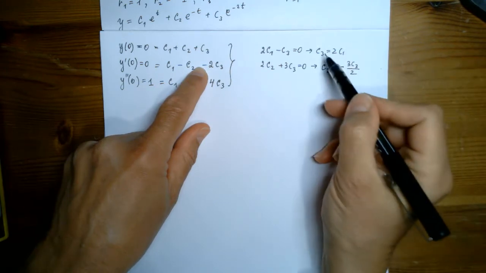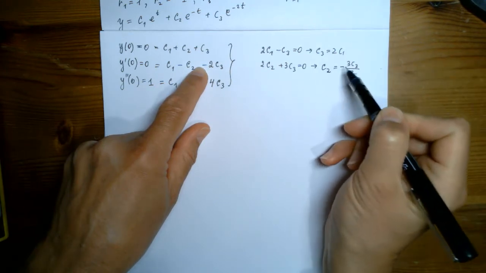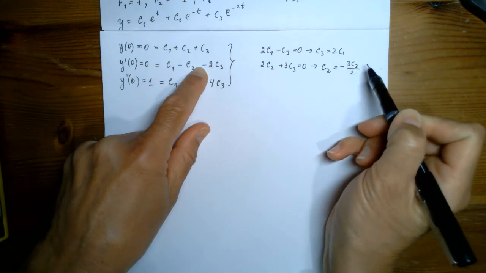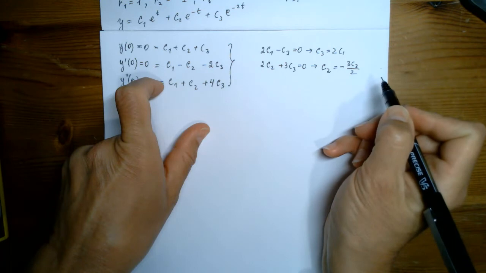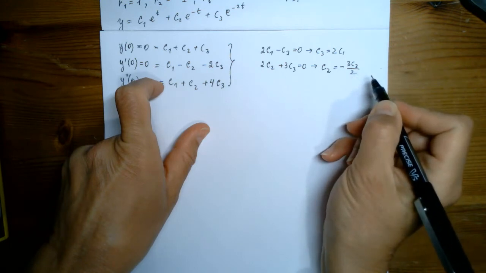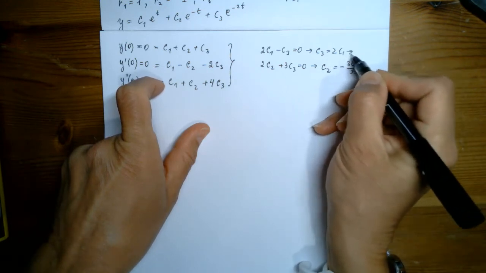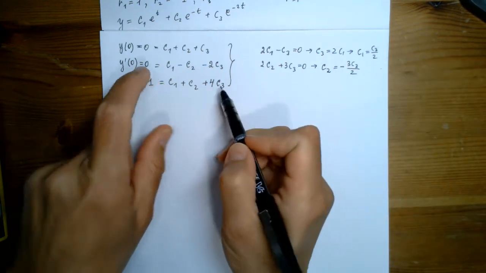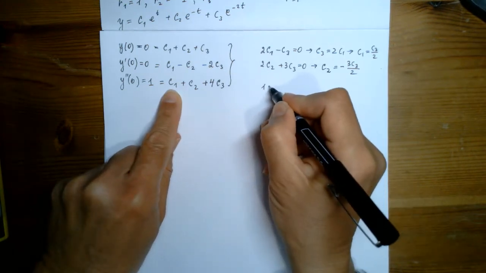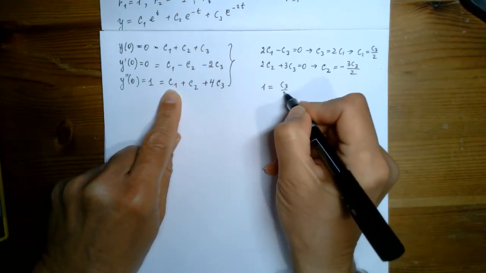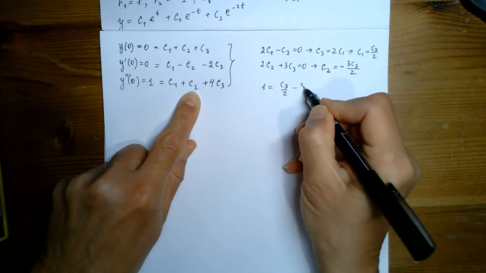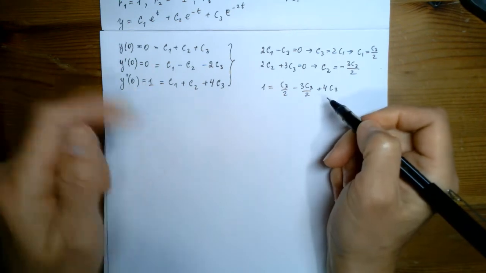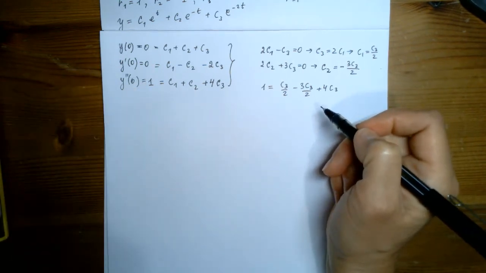So now I can plug in C2 and C3. Well, I should solve it for C3 actually, right? I'm going to plug in C1 equals C3 over 2 into the last equation: 1 equals C1, which is C3 over 2, plus C2, which is minus 3C3 over 2, and plus 4C3, I think. That's what we have.